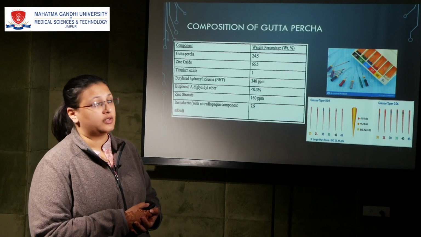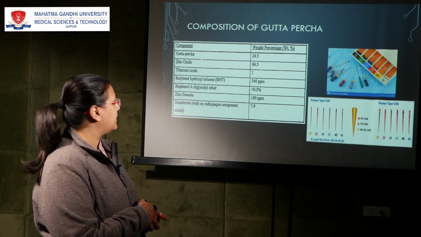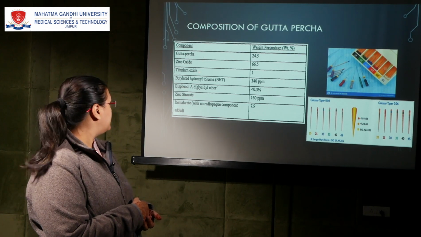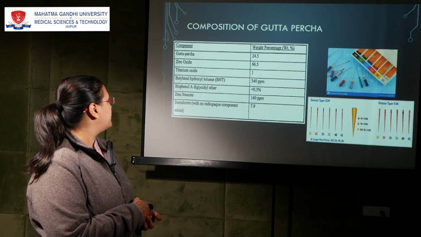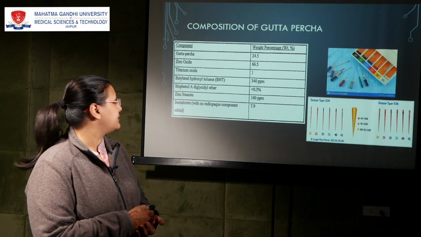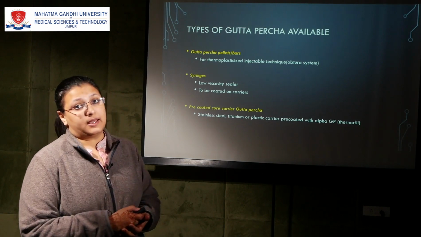So, composition of the guttapercha, it consists of guttaperca, that is 24.5%, zinc oxide, titanium oxide, BHT, bisphenol A diglyceride ether, zinc stearate and dentacrylate. So, there are various types.